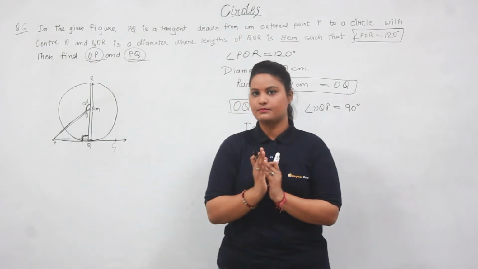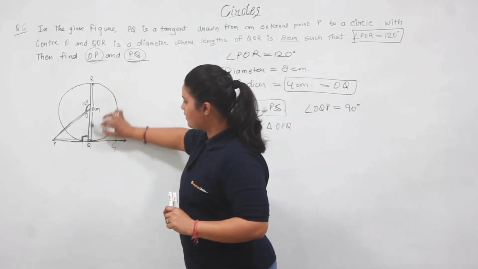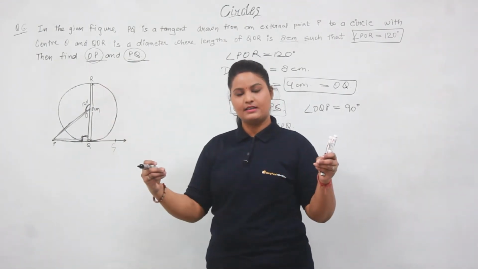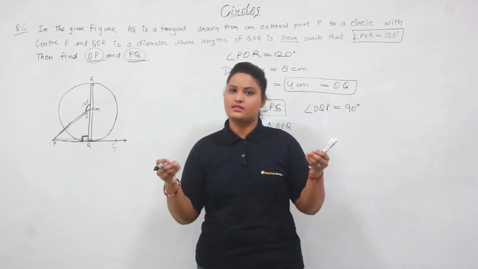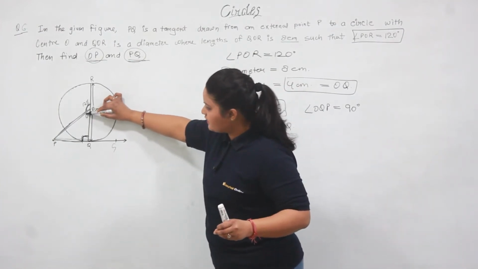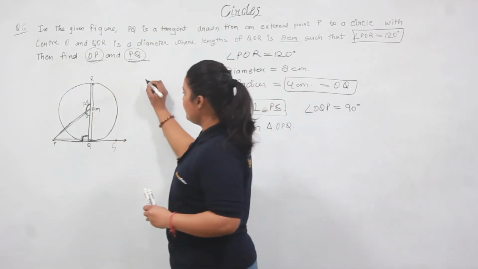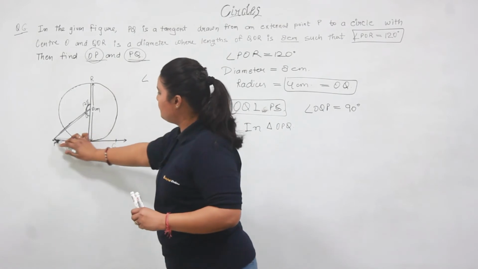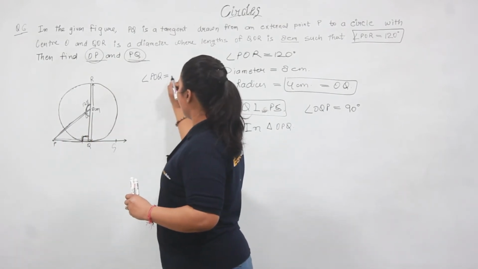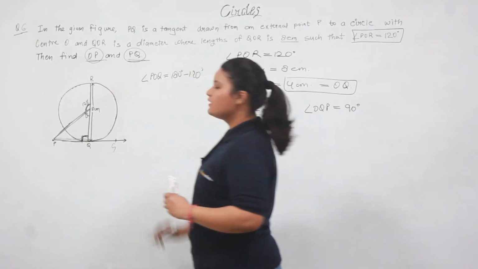Is it clear? Now just take one another thing, that since QOR is a diameter, it means it is a straight line, and a straight line makes a straight angle. So if this angle is 120 degree, then what will be this angle? The remaining angle, angle POQ, will be what? 180 degree minus 120 degree.